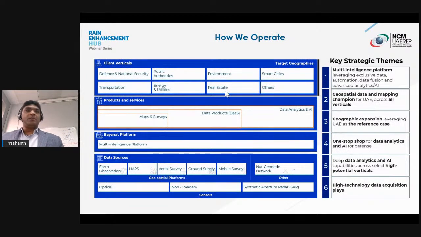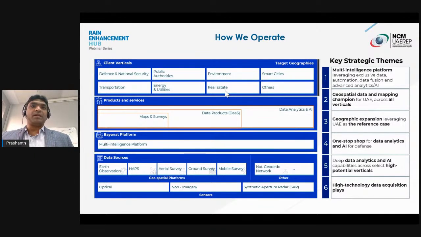So how Bayanat operates is it tries to acquire data from multiple sources, be it Earth observation from satellites or aerial surveys or stratospheric platforms, ground surveys, mobile surveys, and so on.